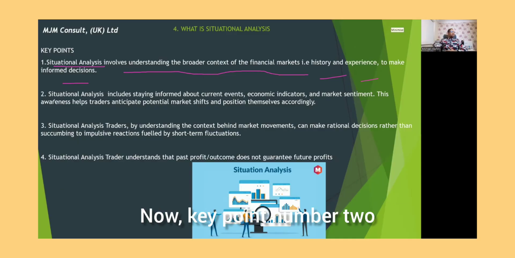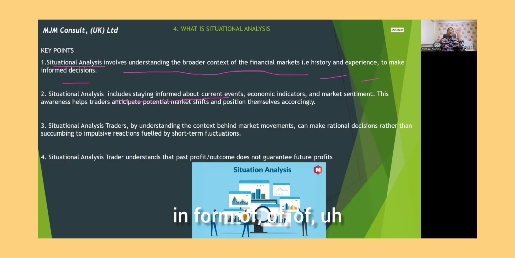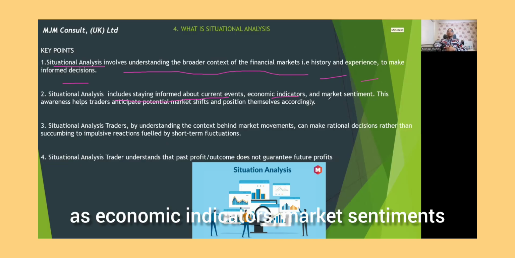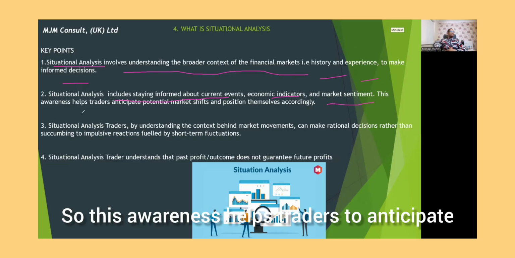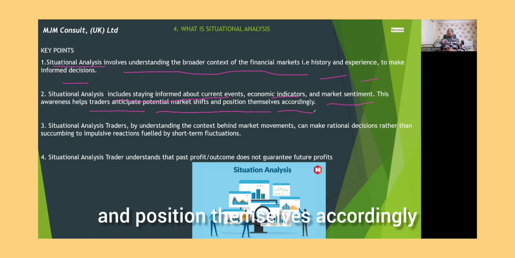Now, key point number 2. Situational analysis also includes staying informed of current events, such as economic indicators and market sentiments, for instance. This awareness helps traders anticipate potential market shifts and position themselves accordingly.